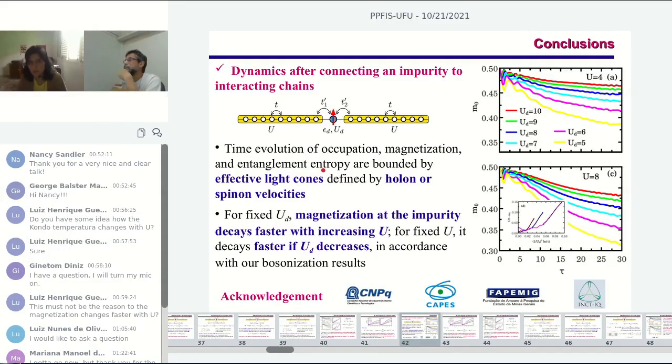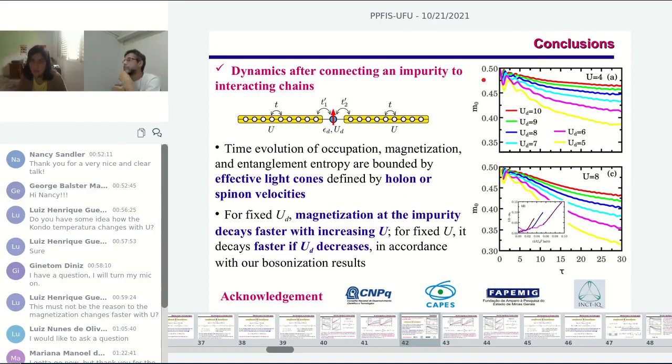In all the cases, we saw effective light cones, and the boundary of these light cones were defined either by an excitation that was carrying charge or an excitation that was carrying spin. So for the occupation and the entanglement entropy, it was the excitations carrying charge, and for magnetization, it was the kind of excitation carrying spin.